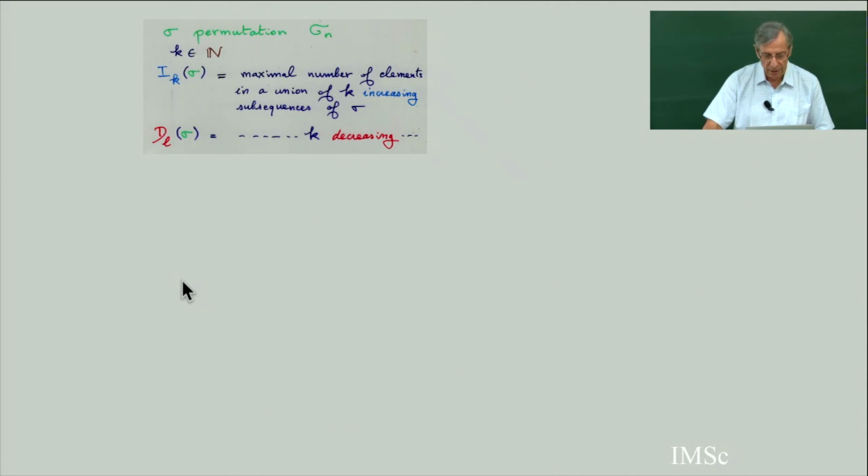So we have defined the notion of, for any integer k, for a permutation sigma, I remind you, I already have written this. So I_k of sigma is the maximum number of elements in a union of k increasing subsequences.